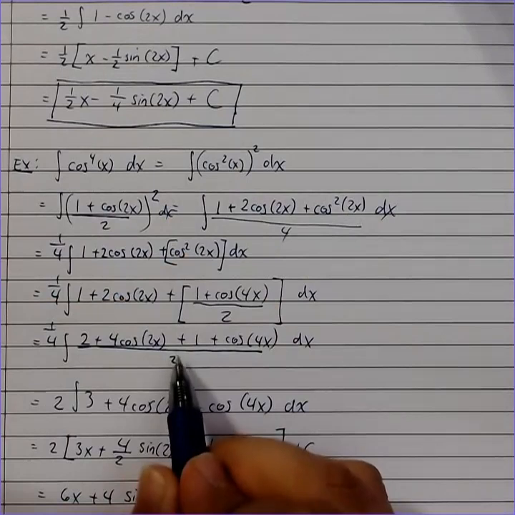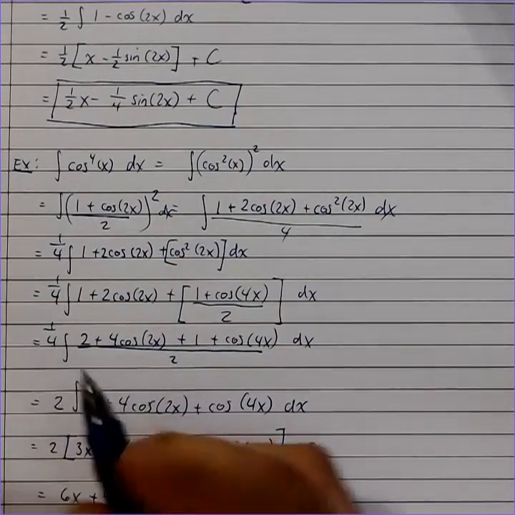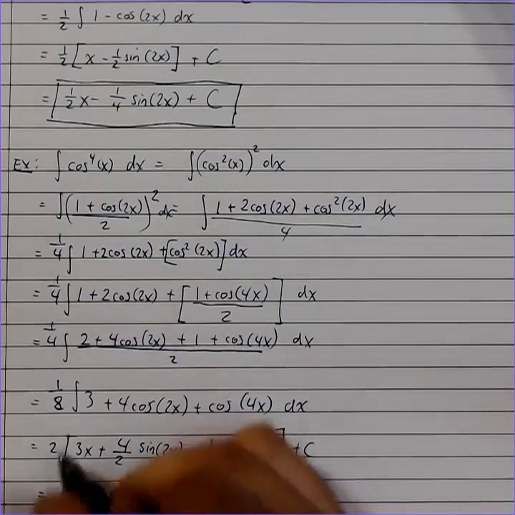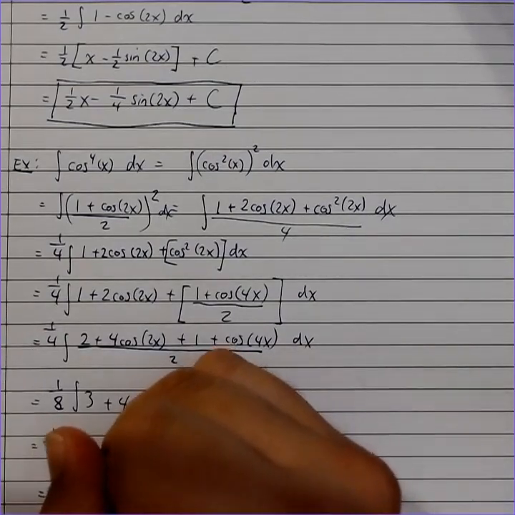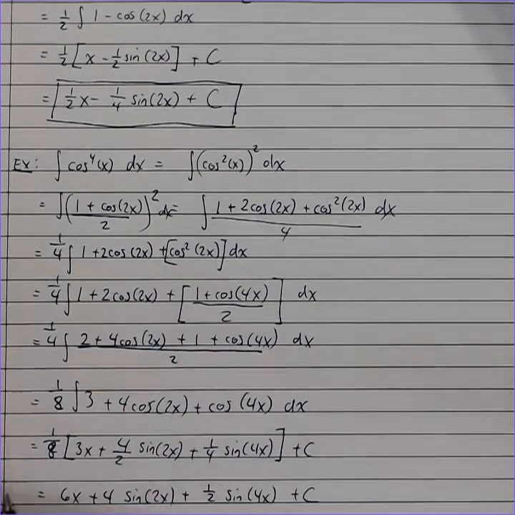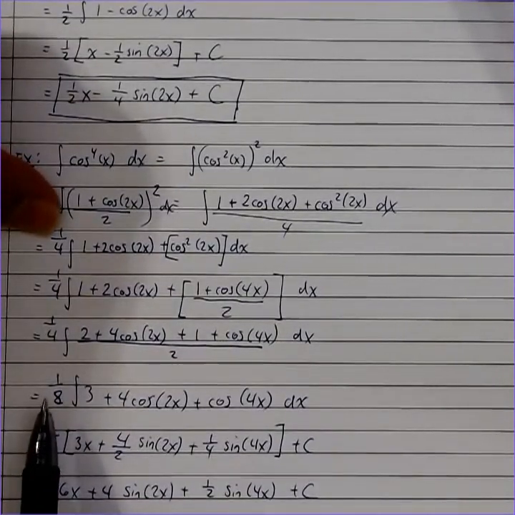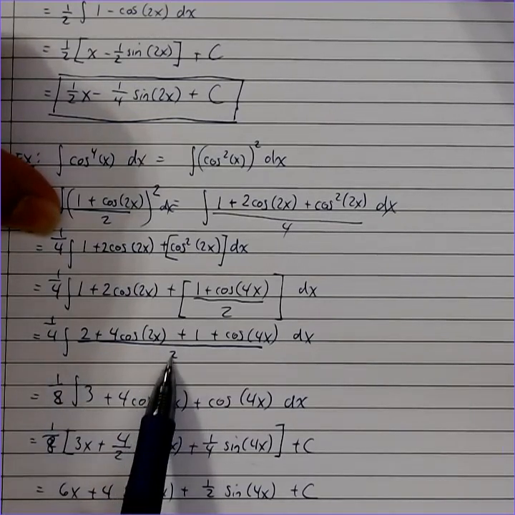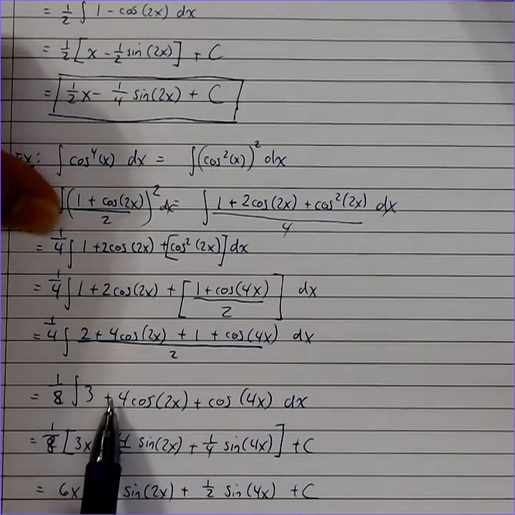So here, when I factor out this 1/2, 1/2 times 1/4 is 1/8. So here that integral remains the same, and that's 1/8. Yes, my apologies. That should not have been 4. That should be 1/4. So here, when we factor out the 1/2 from here, 1/4 times 1/2, that's 1/8.